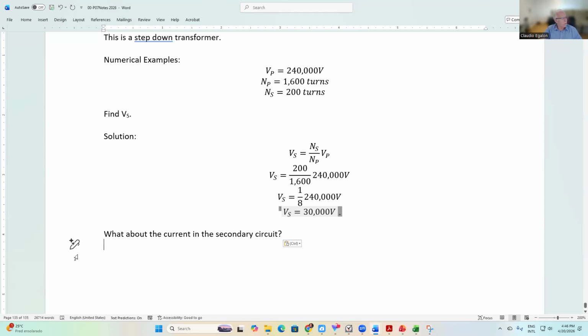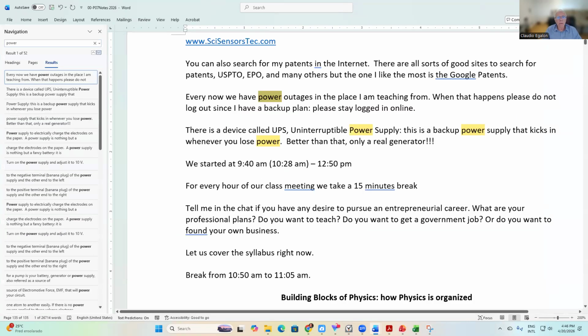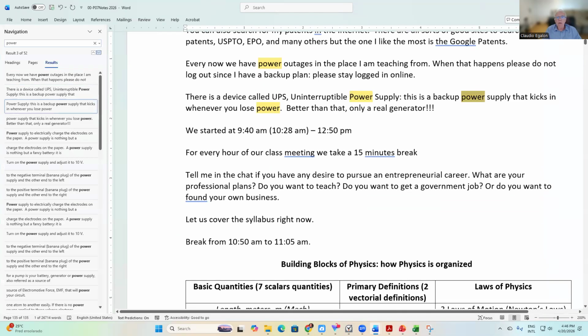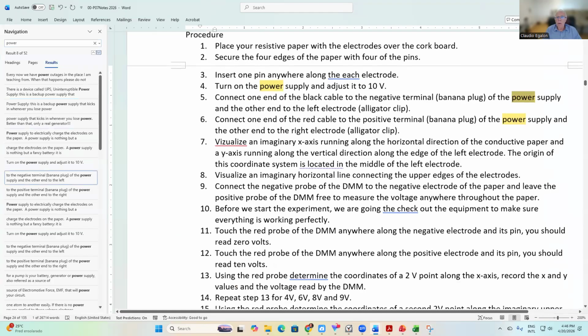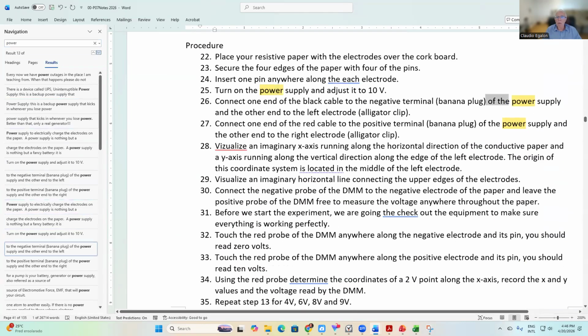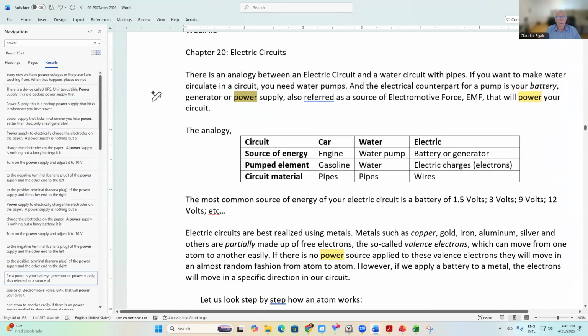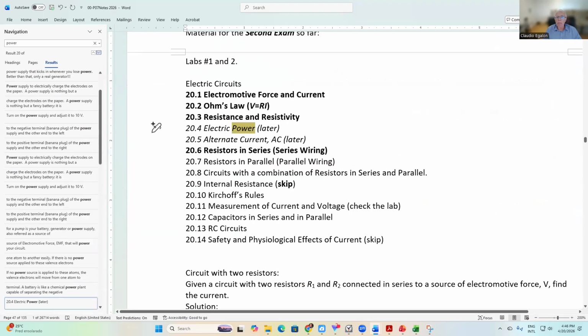Four more minutes to go. And let's see, I want to make sure we cover power. I think we did, didn't we? Well, let me write it down.